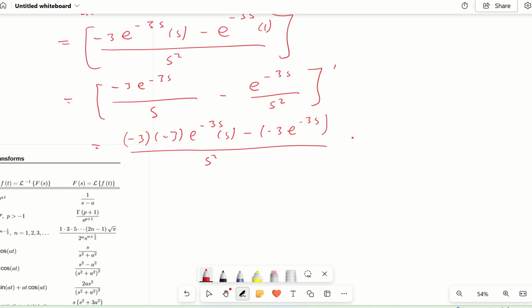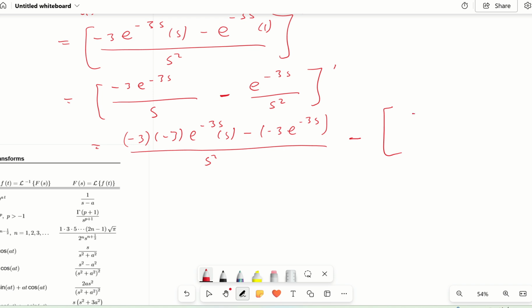And then negative, it's this negative. I'm differentiating the second part. The second part is negative. Let me put brackets here.